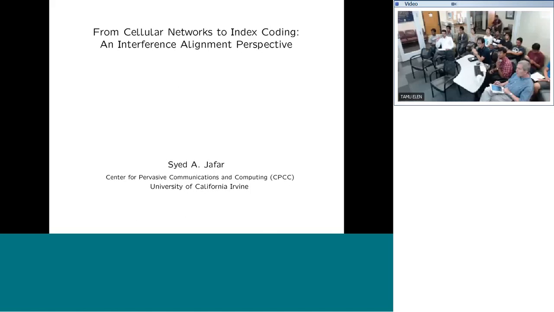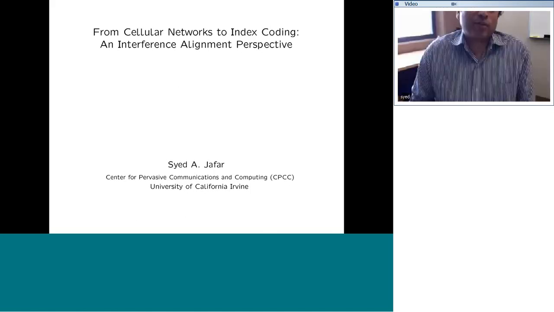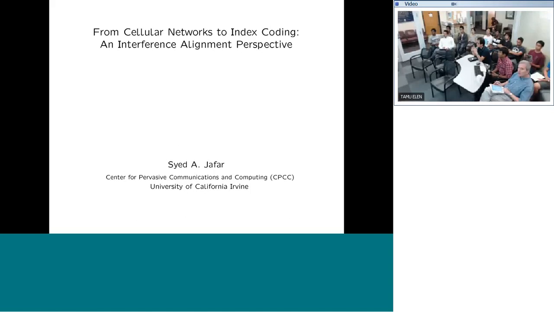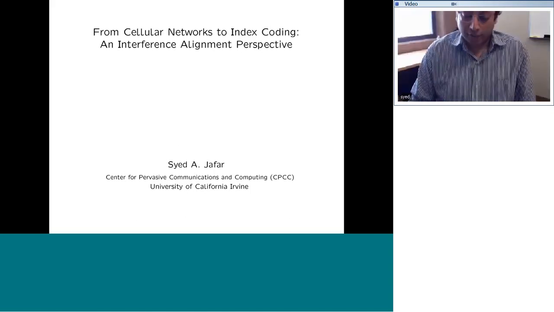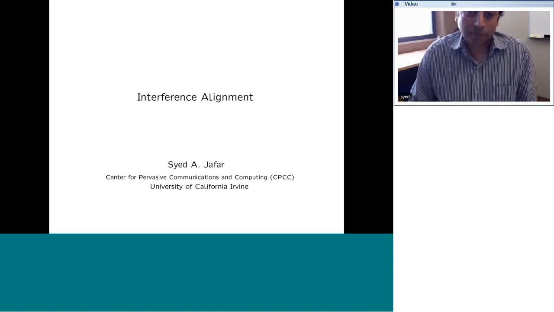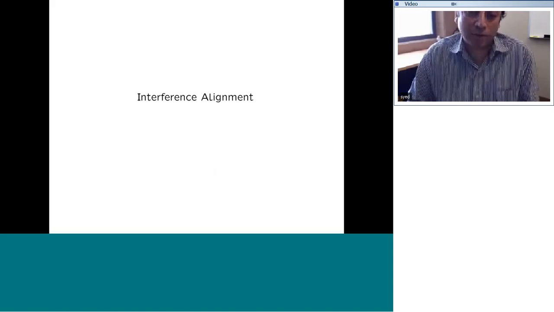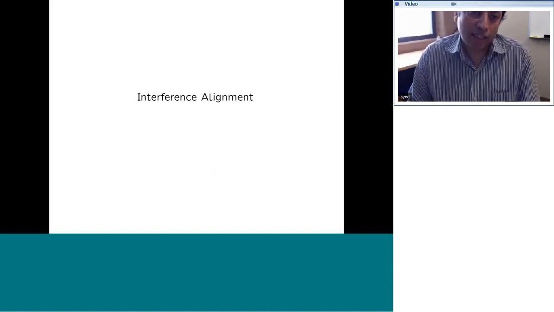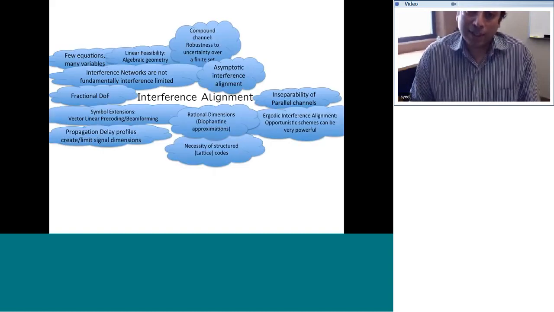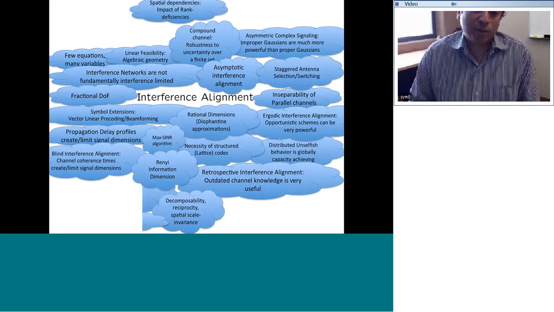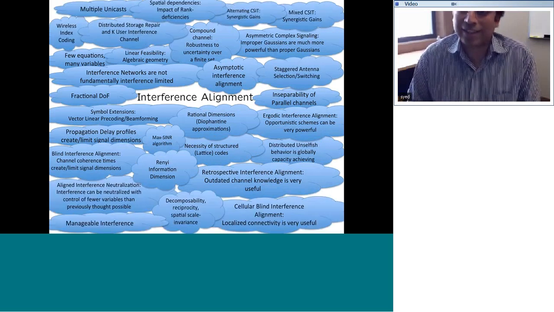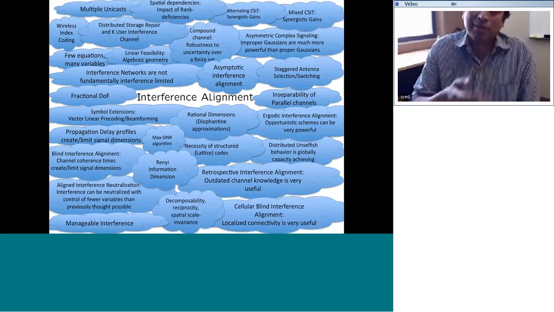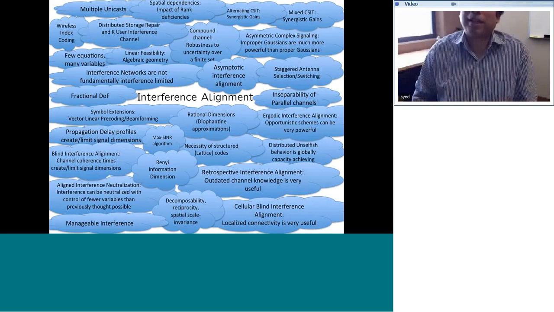All right, so the title here is From Cellular Networks to Index Coding, Interference Alignment Perspective. So speaking of interference alignment, the idea has been around for at least 6 years now, and quite a lot has happened on this topic. It's actually got harder to present talks on interference alignment because there's always a bunch of topics to pick from.